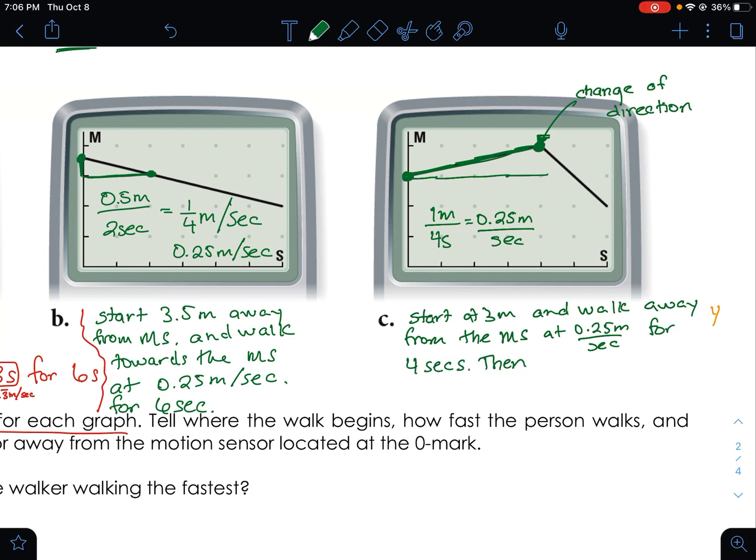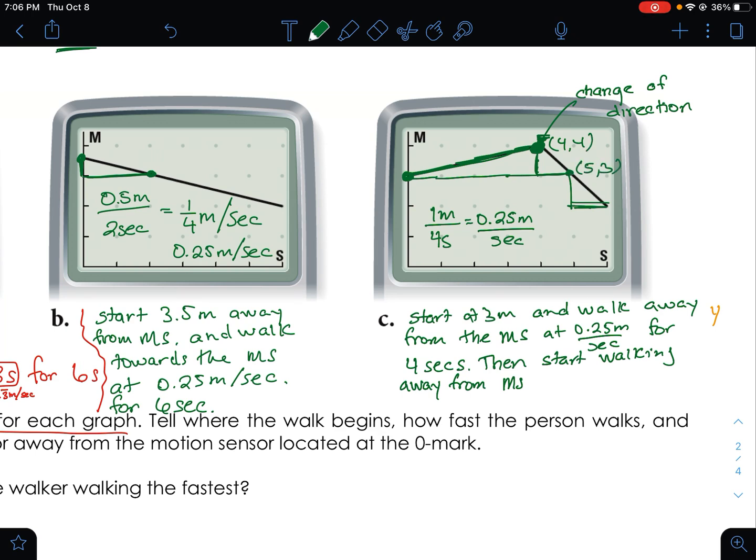Then we change direction. The graph starts going downhill. So then we start walking from the motion sensor at what speed? If you look at this, we have a point of 4.4, and then we have a point of 5.3.